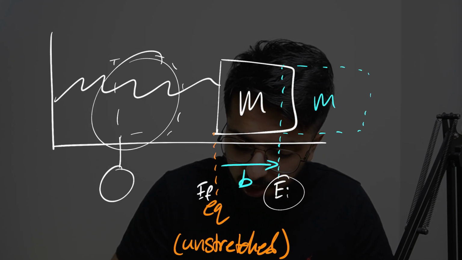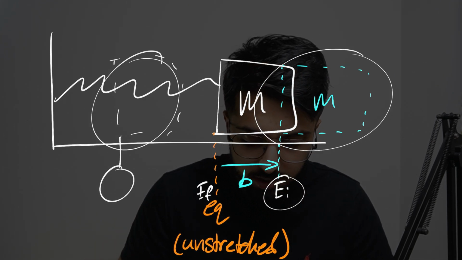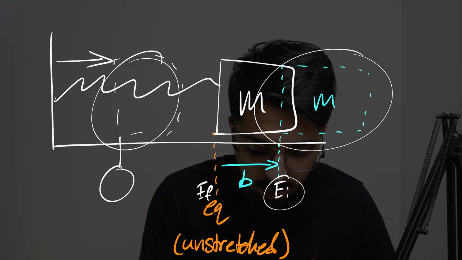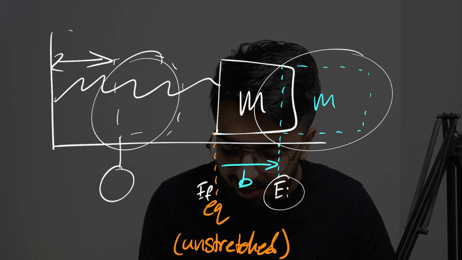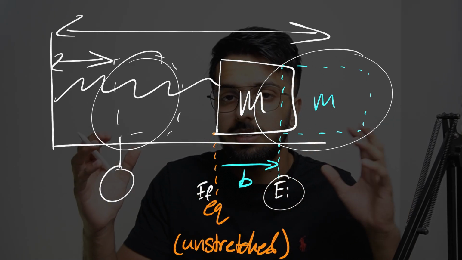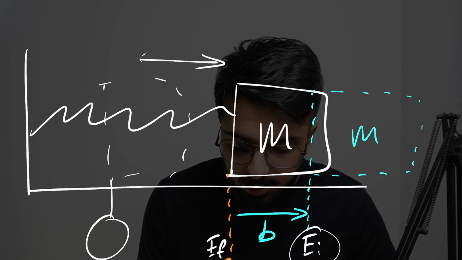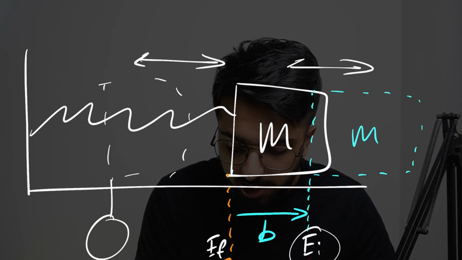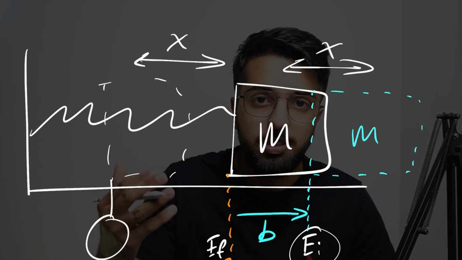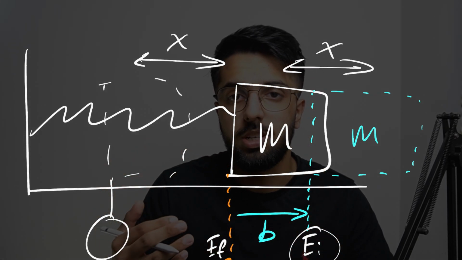These 2 points both have elastic potential energy. It's just in this case, the spring is compressed. However, in this case, the spring is extended. But theoretically, the amount that the spring has displaced on both sides, so that x value should be roughly the same, and so the elastic potential energy would be the same.